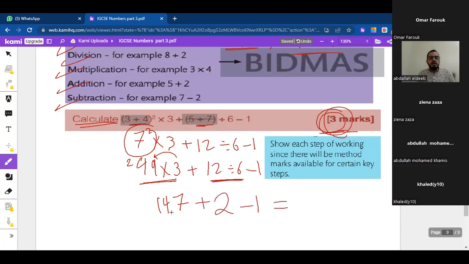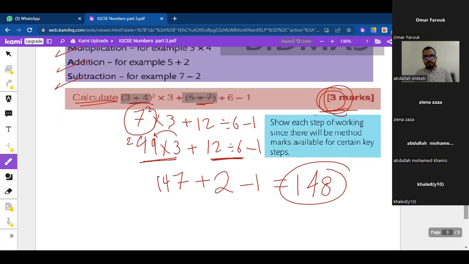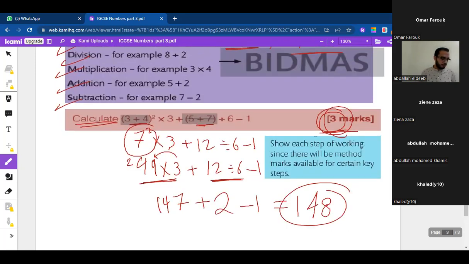And then 147 plus 2, 149 minus 1, 148. Okay, guys? Please write the answer.